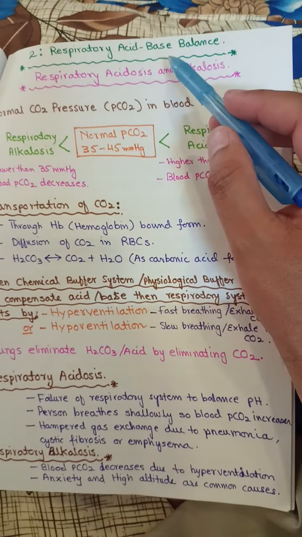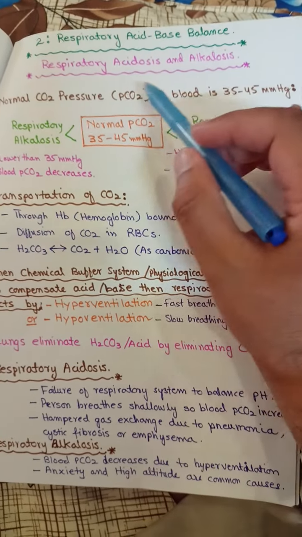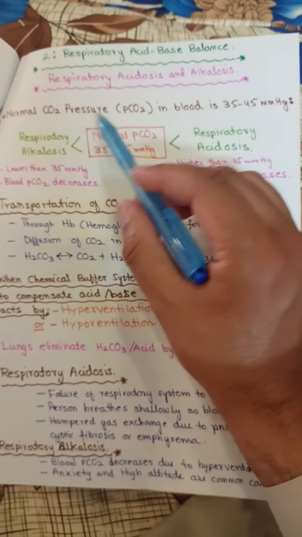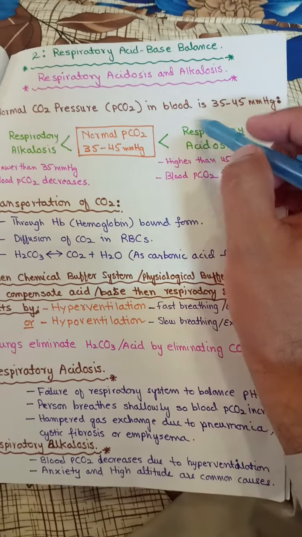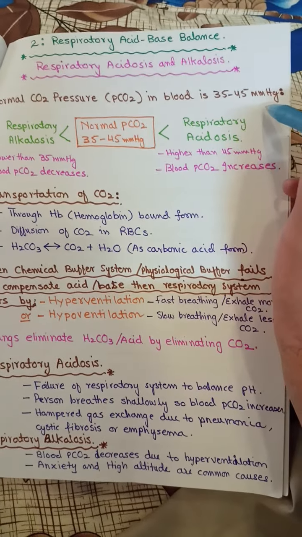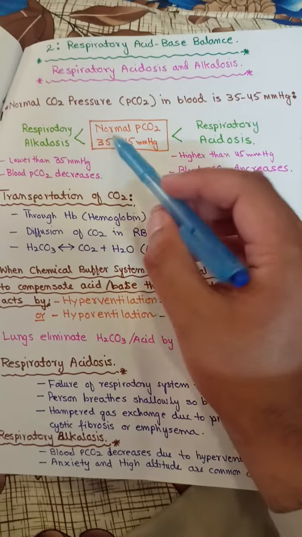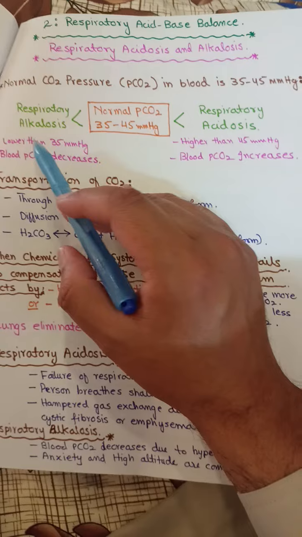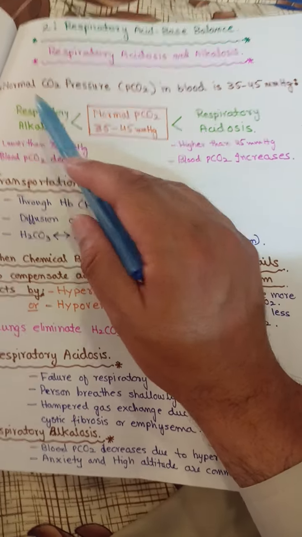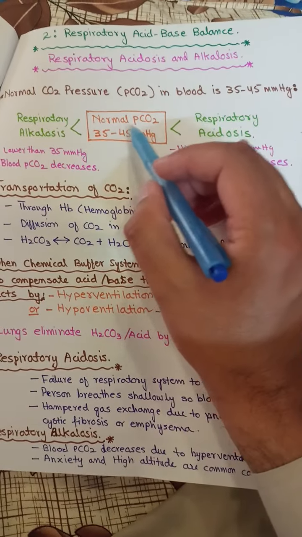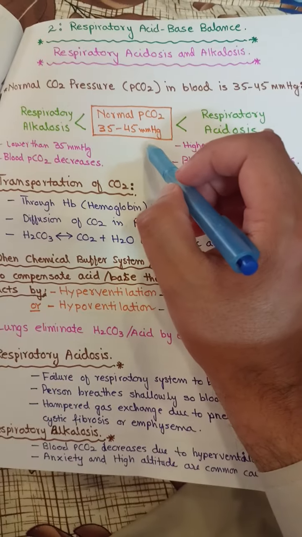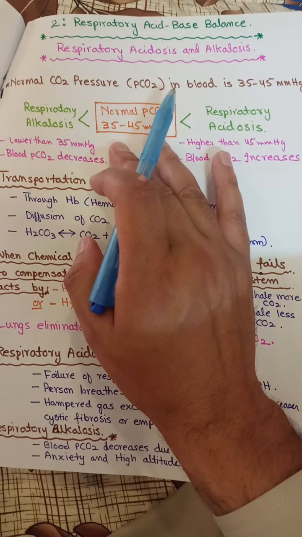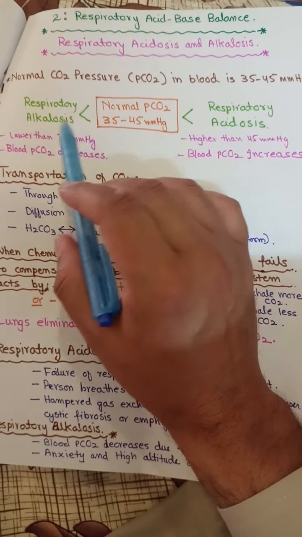Second is the respiratory acid-base balance, or respiratory acidosis and alkalosis. The normal pressure of carbon dioxide in blood is 35 to 45 millimeter of mercury. If there is respiratory alkalosis, it means that the pressure of carbon dioxide is less than the normal 35 to 45 millimeter of mercury.